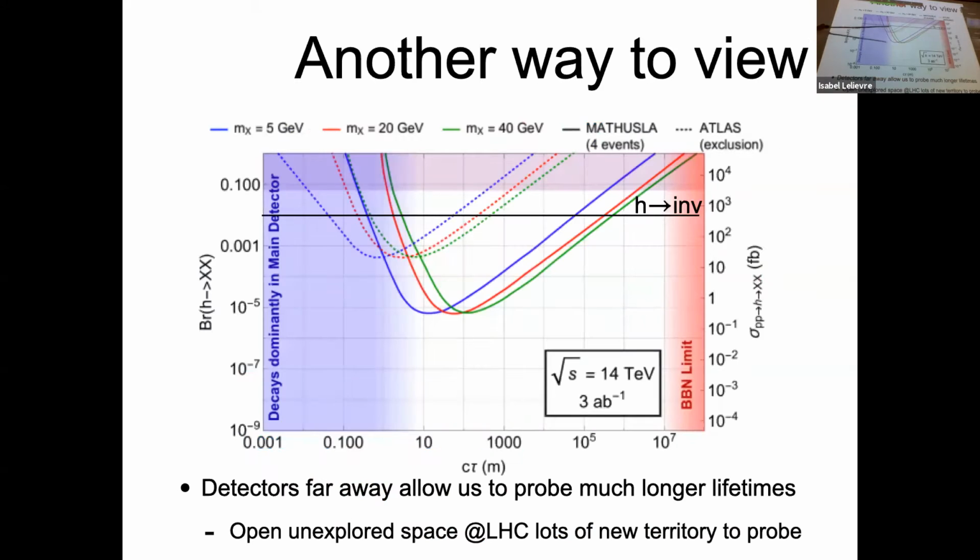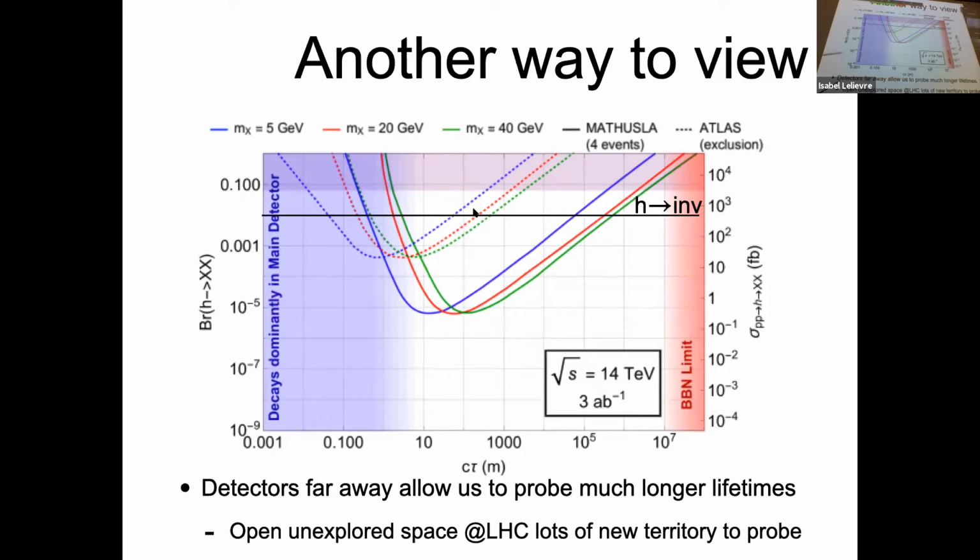You want to be more sensitive than that. So this is the Higgs to invisible bound. These dashed lines are if it's inside ATLAS or CMS. These solid lines are if it's in a big volume detector like MATHUSLA. And so you can probe lifetimes on the order of meters at Higgs to invisible branching ratios on the order of 10 to the minus 4.